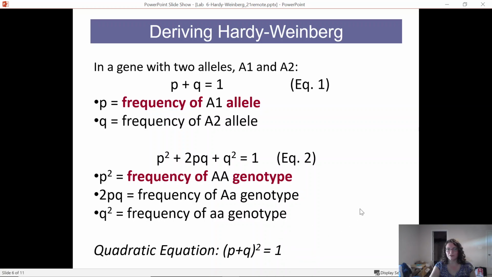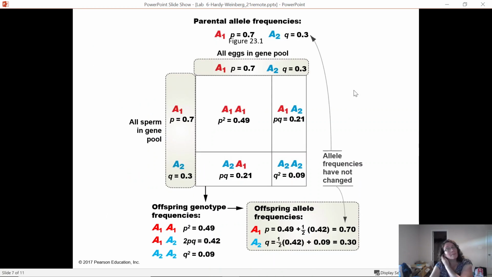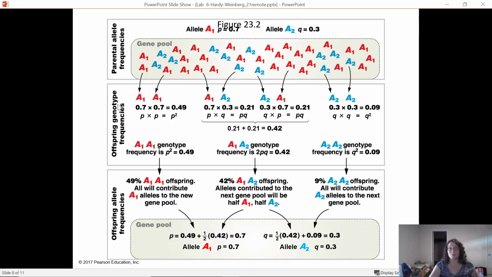So how do we get here? Okay, this is the quadratic equation expanded out. So if we imagine that we are making a Punnett square, a simple Punnett square, we build out that Punnett square, okay? But instead of putting big A, little a, we put the frequency that we would find a big A and the frequency that we would find a little a in the gene pool. Then we multiply them together using that AND rule, okay?